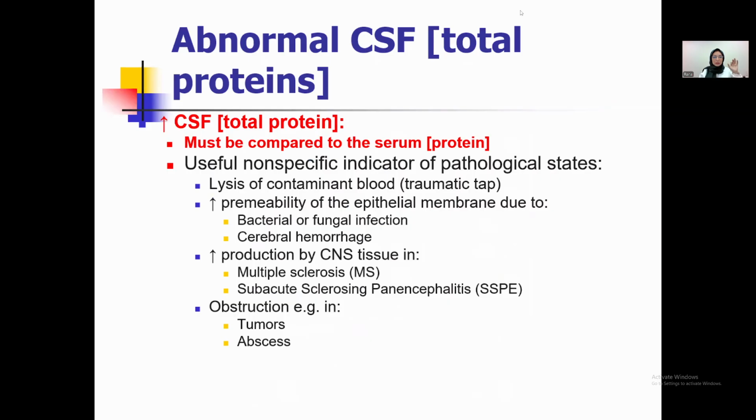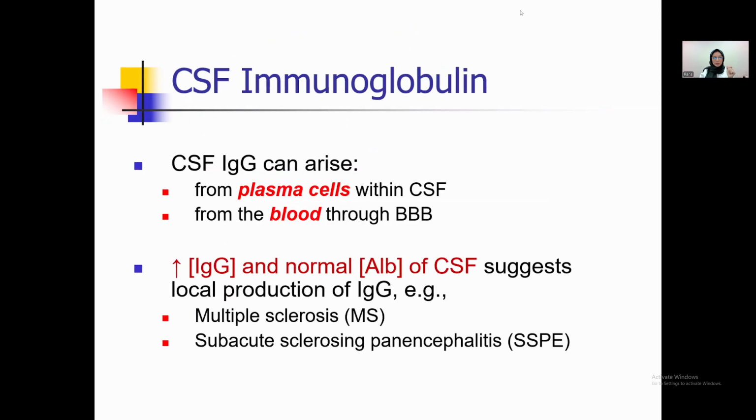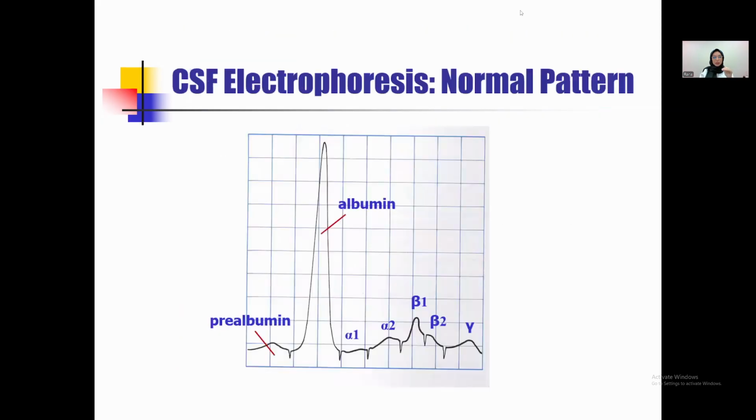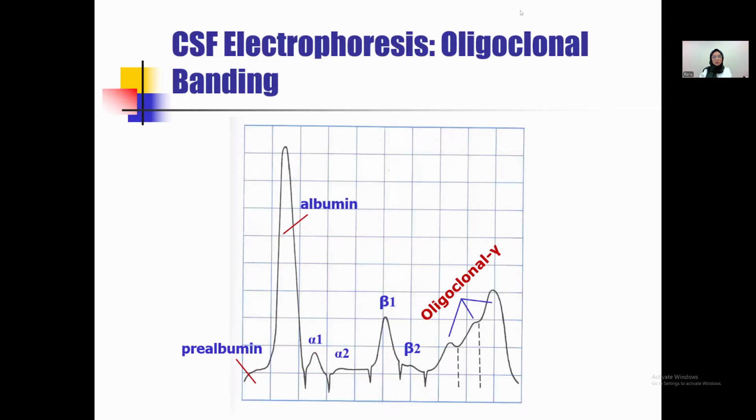You will find protein is high either due to increased permeability of the epithelial barrier, the most important example being bacterial or fungal infection, or due to increased local production as in multiple sclerosis, or because there is obstruction. The example we took is when IgG is high and albumin is normal, so it's mainly multiple sclerosis, and we study the pattern by electrophoresis as well.